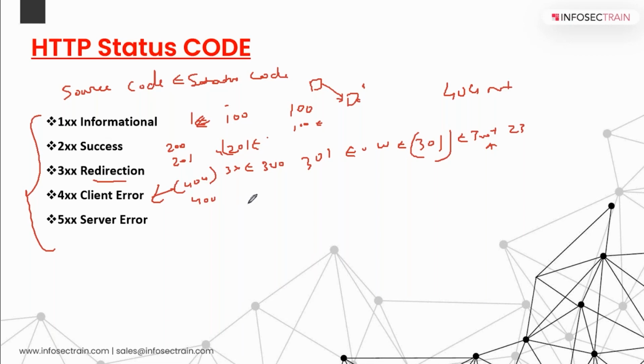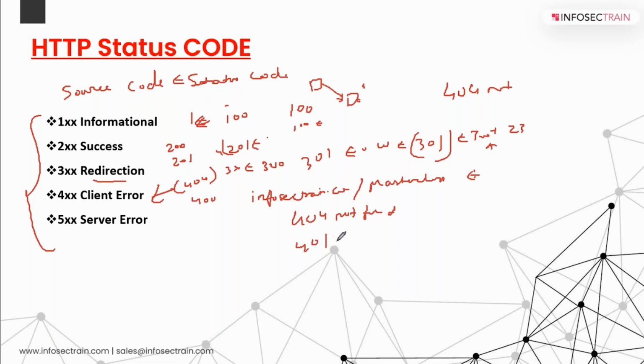Let's suppose today we are sitting in a webinar, and there is one particular page on the InfosecTrain website containing details of this webinar, correct? infosectrain.com/masterclass, isn't it? So what will you get? 404 not found.